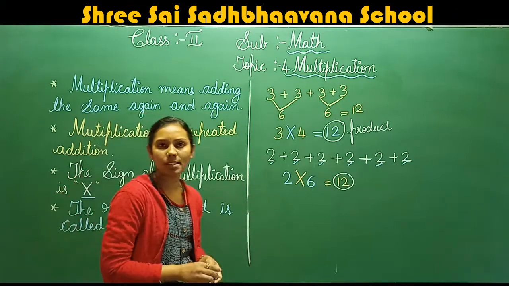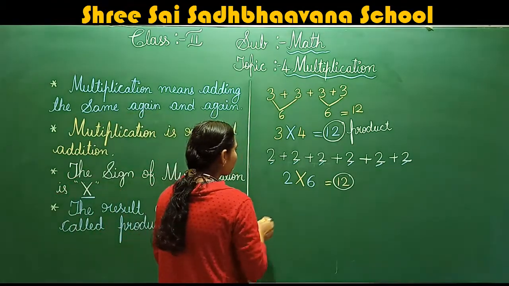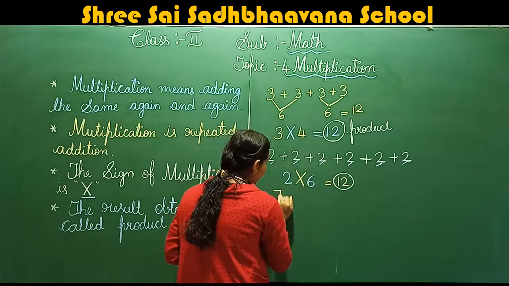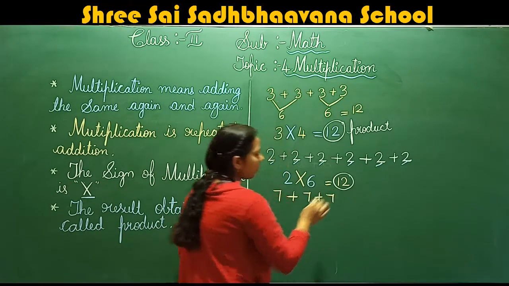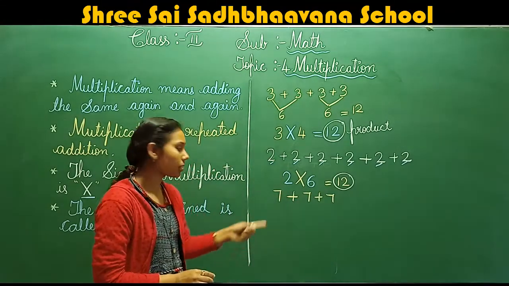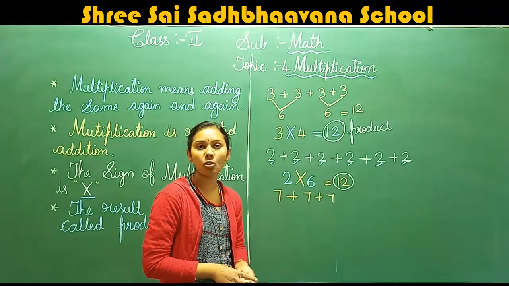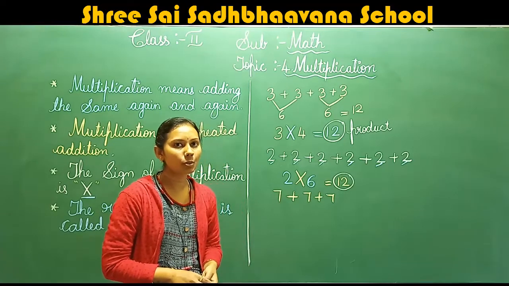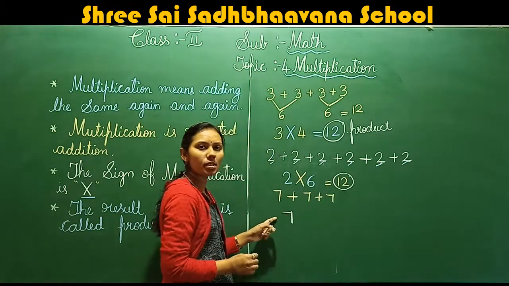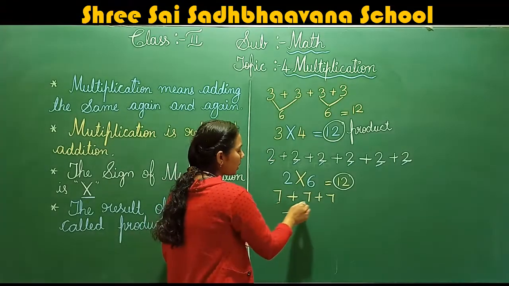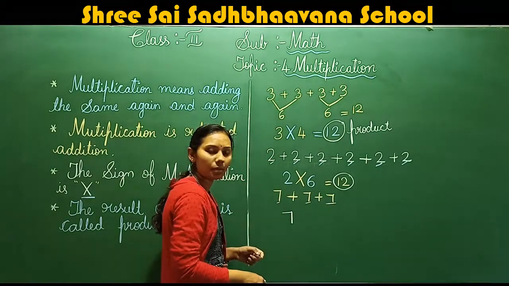Okay. So one more example I'll give you. 7 plus 7 plus 7. So 7 plus 7 plus 7, what do we want to do here? 7. How many times can you see the 7 here? 1 time, 2 times, 3 times.